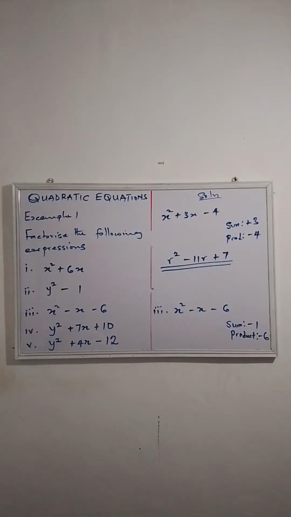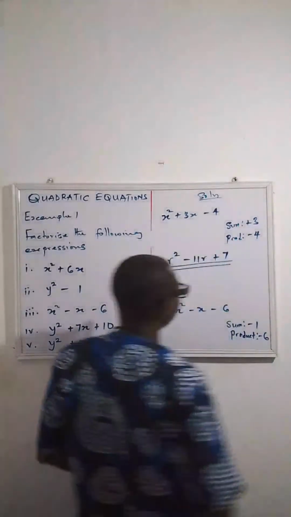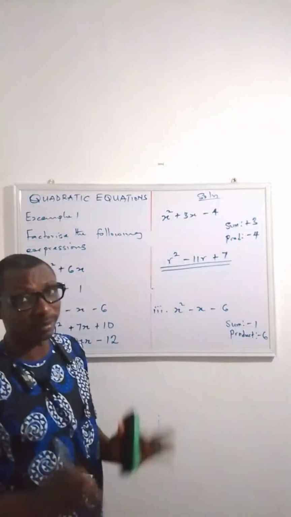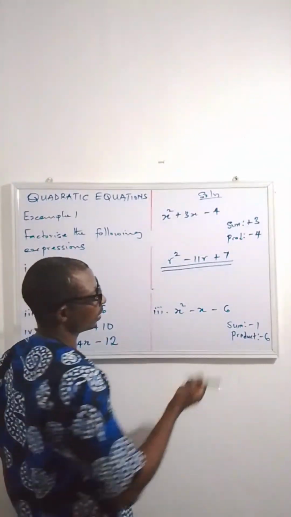Okay, sum is minus 11. Yes. And what is your product? Okay, I can see Toyosi's results. Okay, good. All right, you guys are doing very well. Okay, so I think we are all correct.